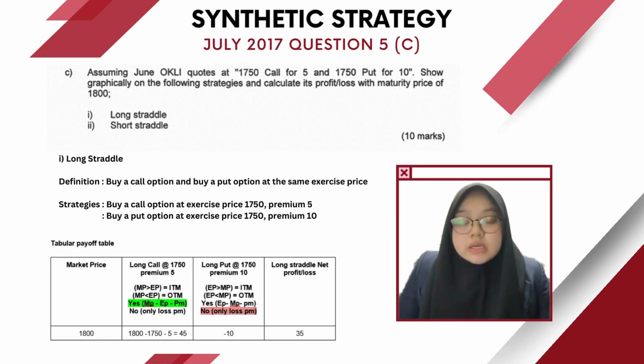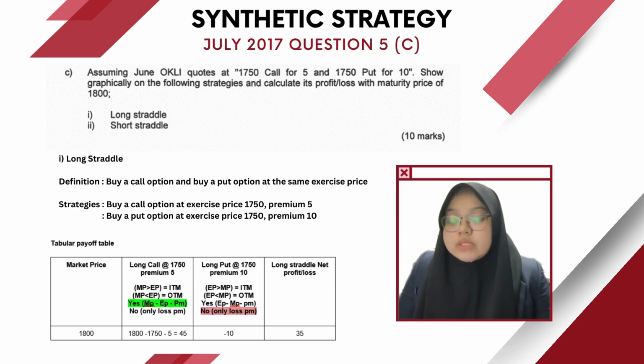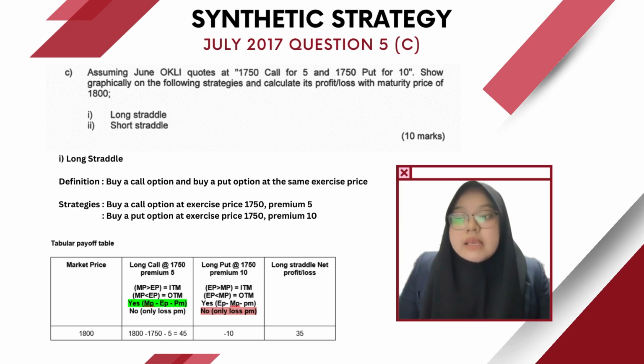So the tabular payoff table, we have here market price 1,600, and then we have here long call at 1750 premium 5, and we have long put at 1750 premium 10, and the last one is long straddle net profit or loss. For long call, it is in the money because market price is above the exercise price.